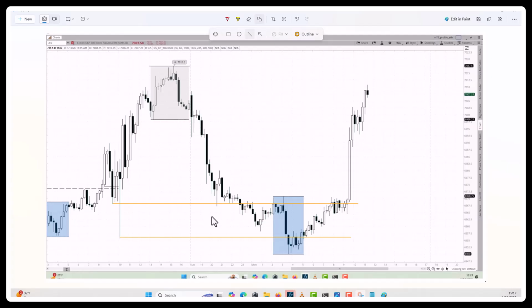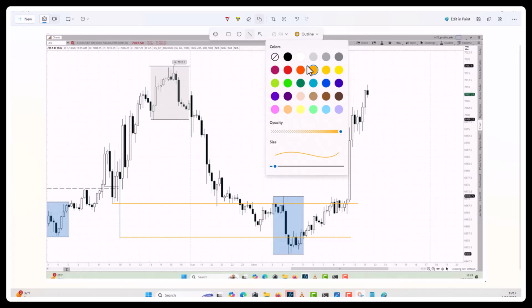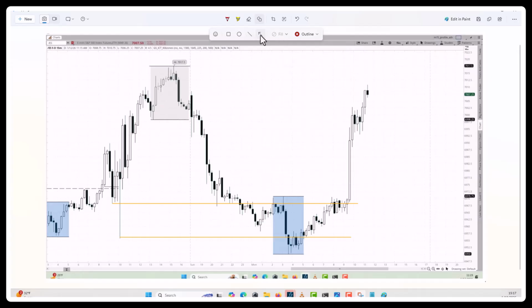Yeah, it breaks 1, and right here it stays below. Okay, so at least right here we have some idea that the buy side liquidity is bigger than the sell side.